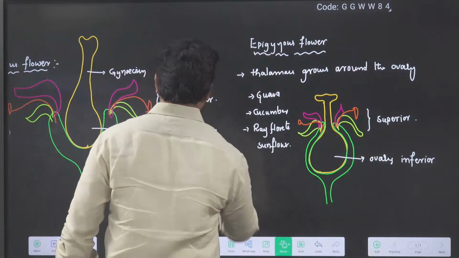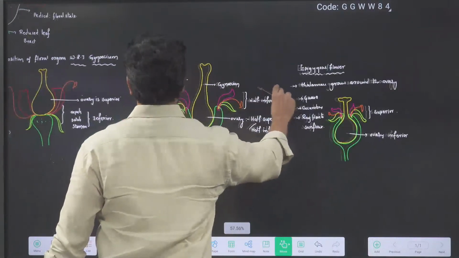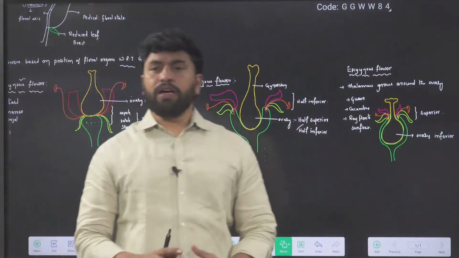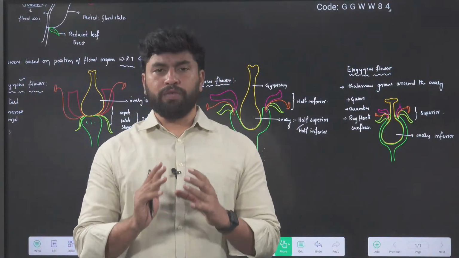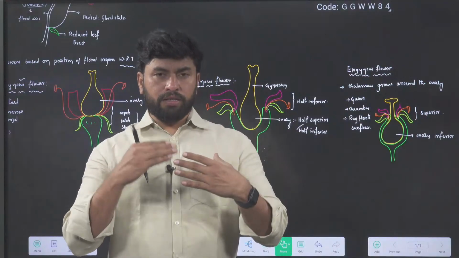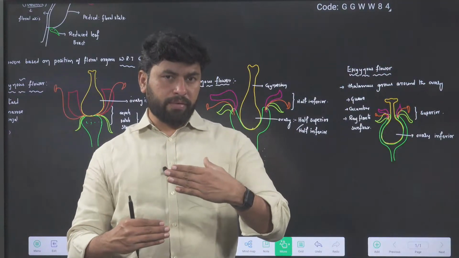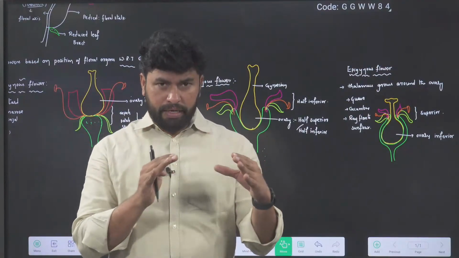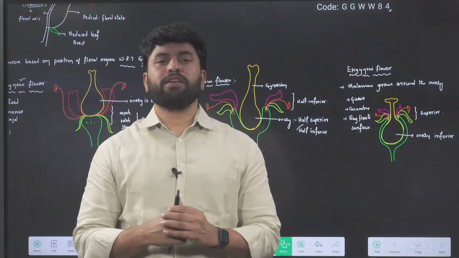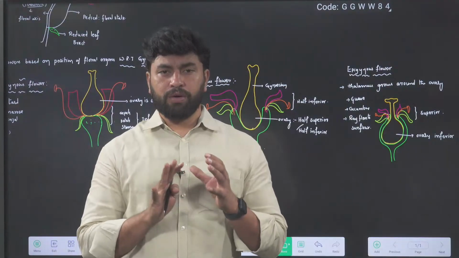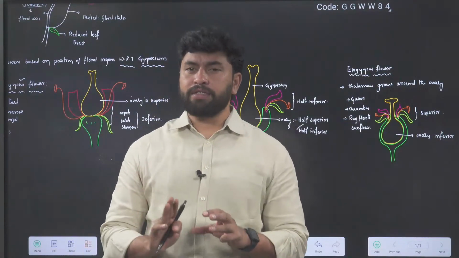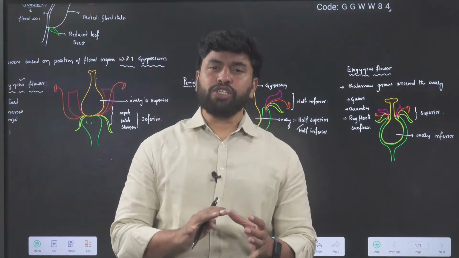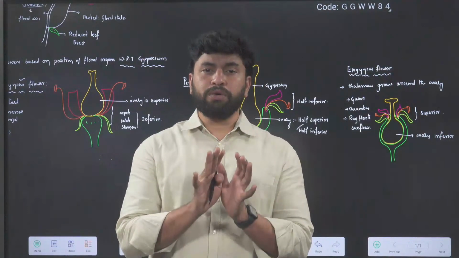These are the three types of flowers based on position of floral organs with respect to ovary. If floral organs on the thalamus are growing below the ovary, hypogynous flower; parallel to the ovary on the same height, perigynous flower; above the ovary, that is called epigynous flower. Altogether, these three types of flowers we will identify. Flowers based on the position of floral organs with respect to ovary.